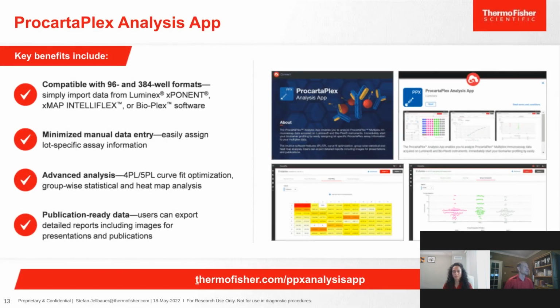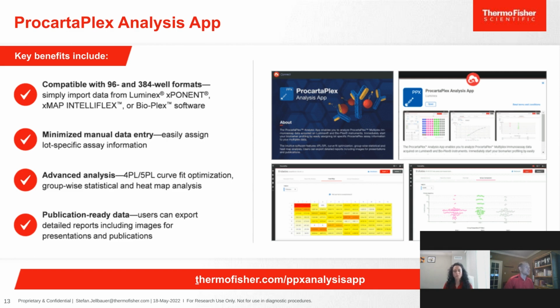Importantly, we also provide a free of charge data analysis solution for these assays, the Invitrogen ProcartaPlex Data Analysis App, which is available on the Thermo Fisher Connect platform. This enables the analysis of the data that come from the ProcartaPlex multiplex protein assays, and these data can be acquired either on any Luminex instrument or also the so-called Bio-Plex instruments.